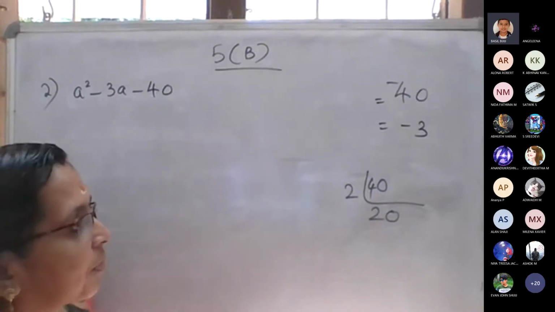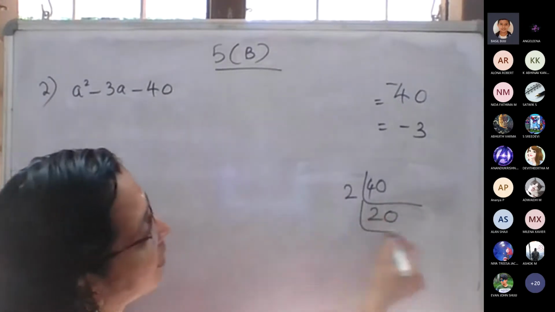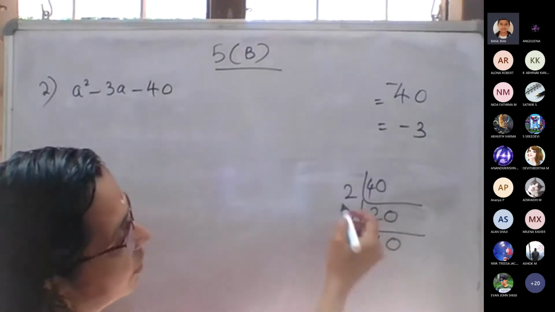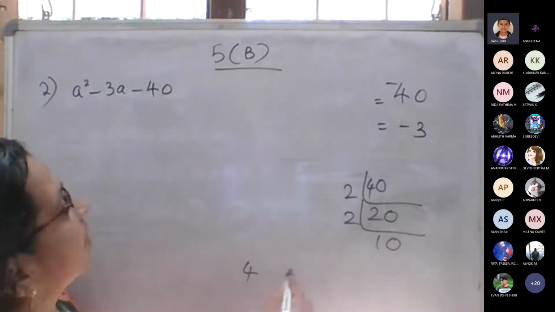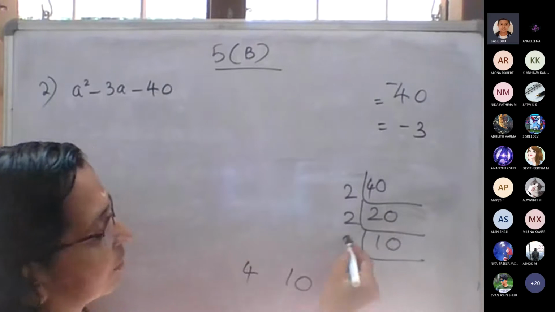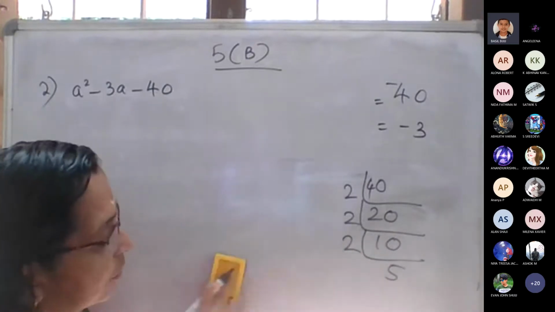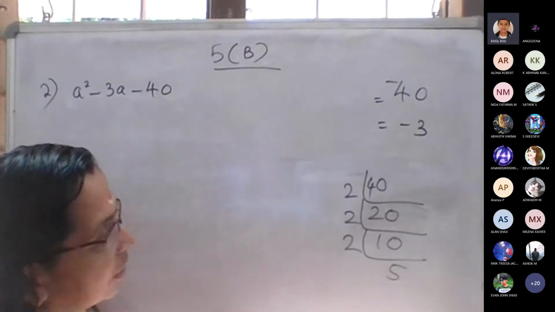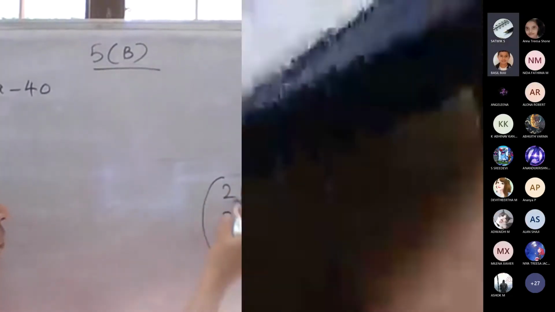Factors method. So whether it is possible or not, check it. 2 again prime 10. So 2 into 2 is 4, into 10. 4 and 10 possible or not, think of that. Or you can do it another way, 2 into 5. Then again think of whether it is possible. This is possible.